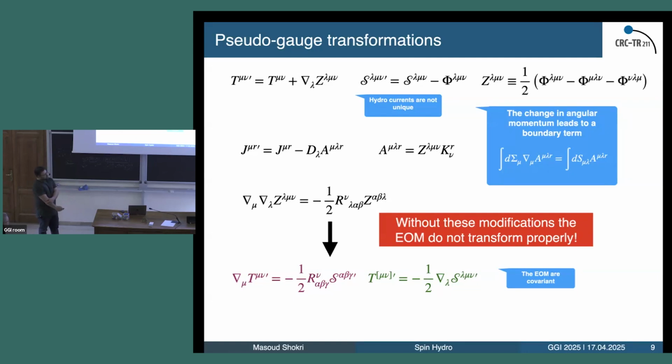First of all, the thing that will couple to gravity is not this energy momentum tensor. As you already said, it's the Hilbert energy momentum tensor.